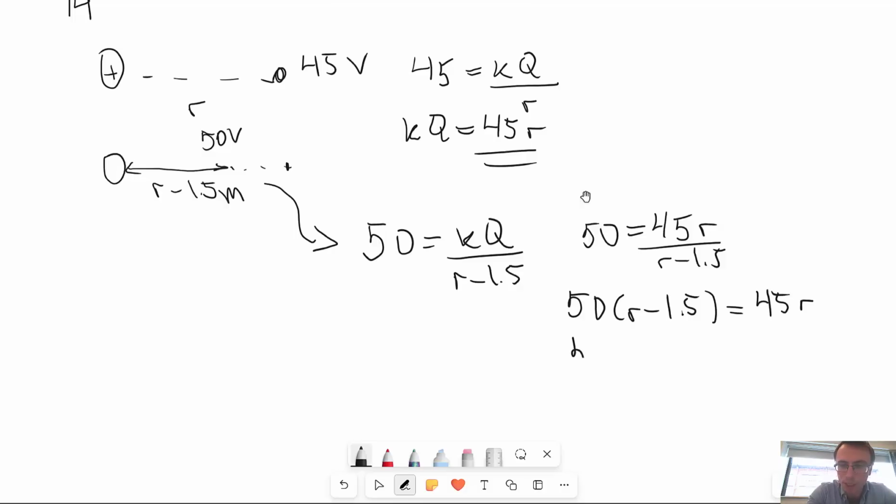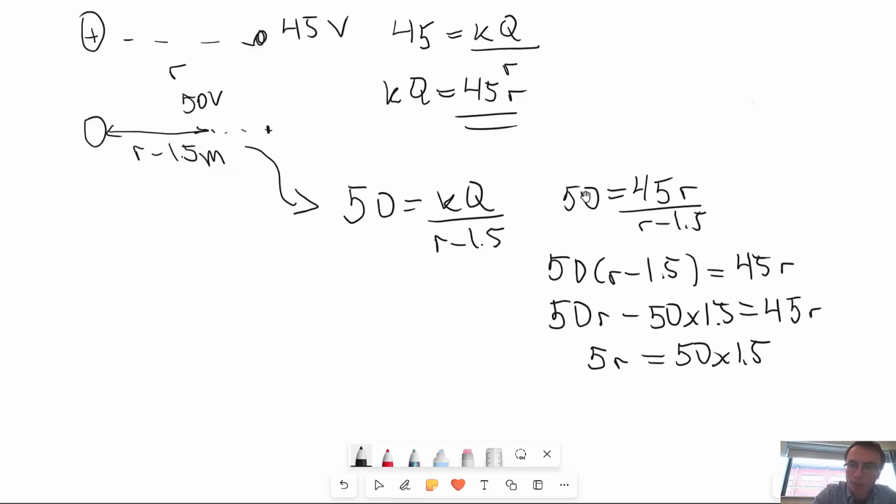So we get 50R minus 50 times 1.5 is equal to 45R. Let's bring all the R's to one side: 50R minus 45R. In other words, this will be just 5R, and this will be equal to 50 times 1.5.